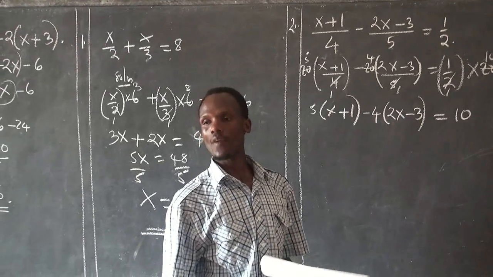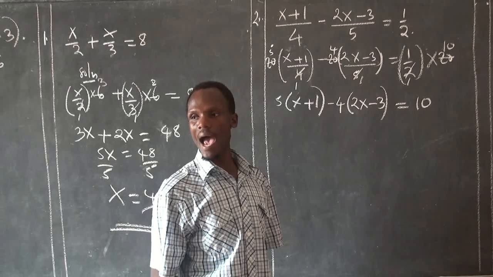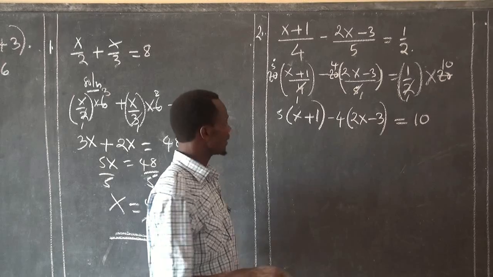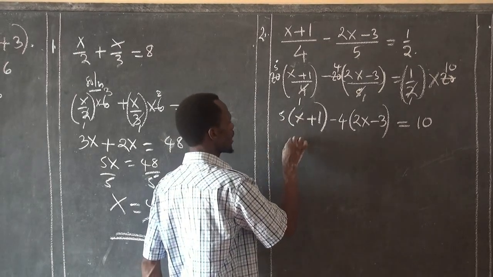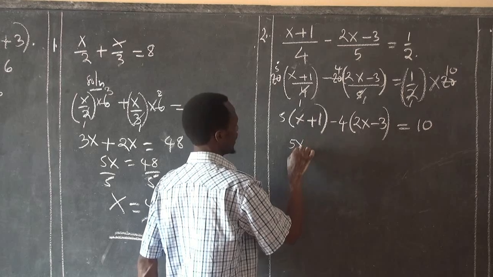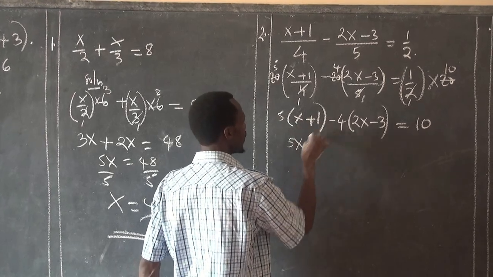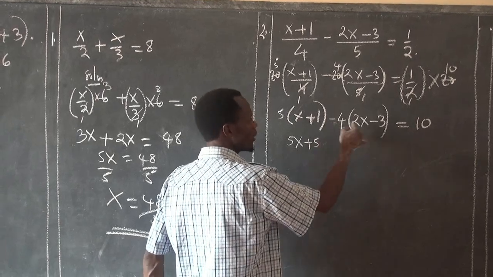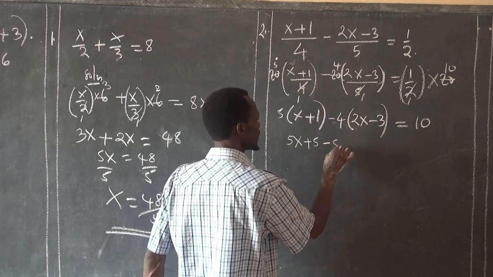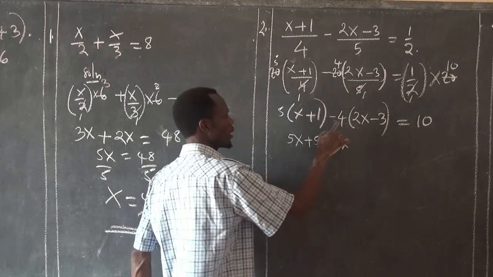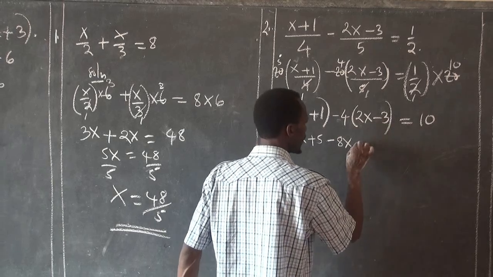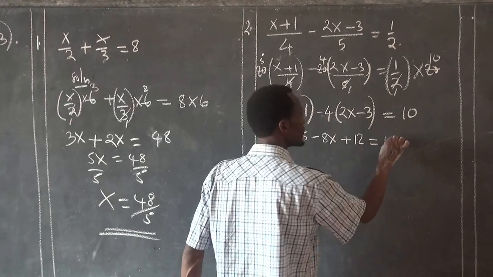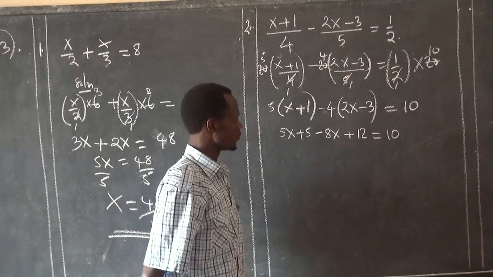An equation with no fractions is very simple for us to solve. What next? You open the brackets. 5 times x gives 5x. 5 times 1 gives positive 5. Negative 4 times 2x gives negative 8x. Negative 4 times negative 3 gives positive 12, because negative times negative is positive.